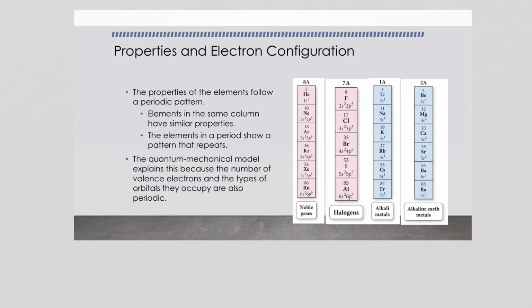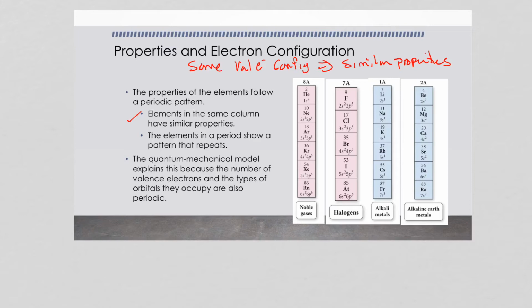So the idea is having the same valence electron configuration leads to similar properties. If you have the same setup of your outer electrons, not surprisingly, those elements are going to behave in similar ways. So we see elements in the same column have similar properties because they have the same number and pattern of valence electrons.